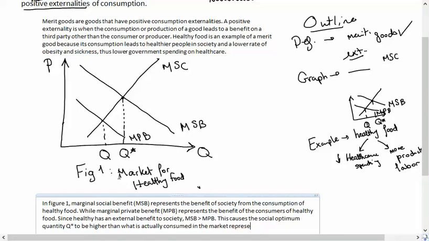And my daughter now wants to go up the stairs. What is actually consumed in the market is represented by Q.